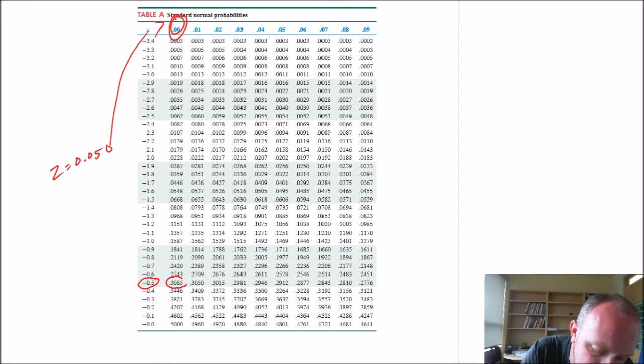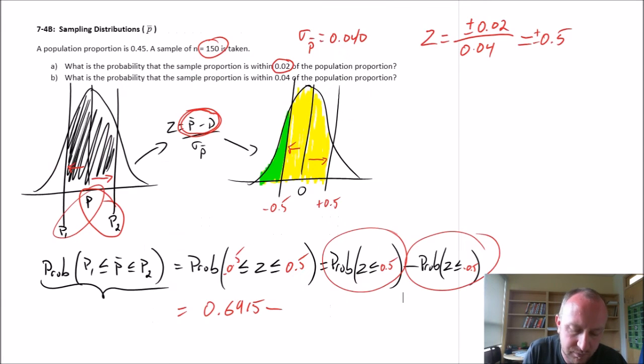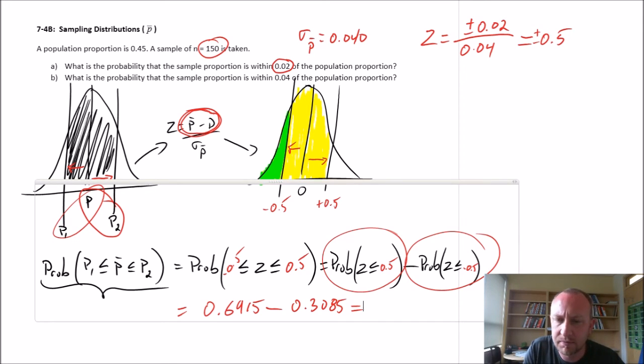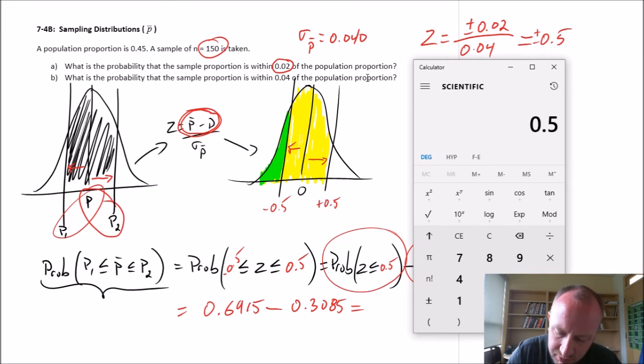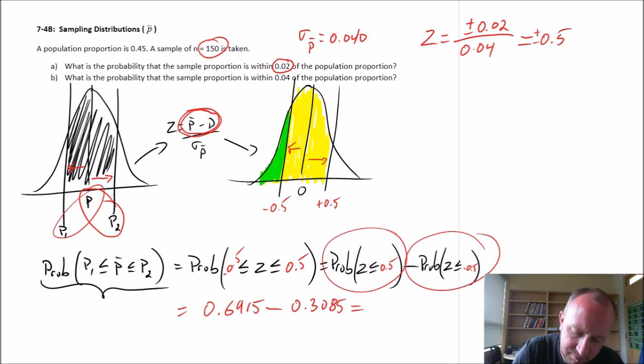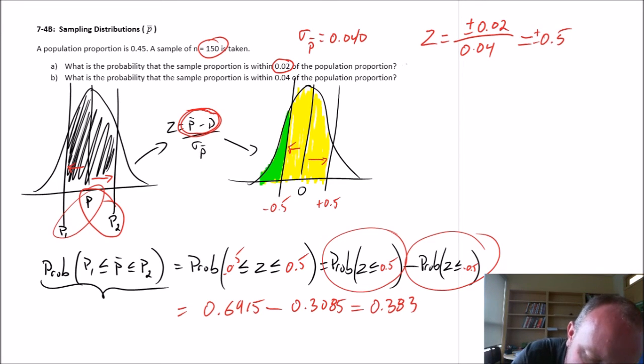That gives us a value of 0.3085. And so that difference will give us our yellow space, our probability of interest, 0.6915 minus 0.3085, 0.383. So there's our answer there, 0.383.